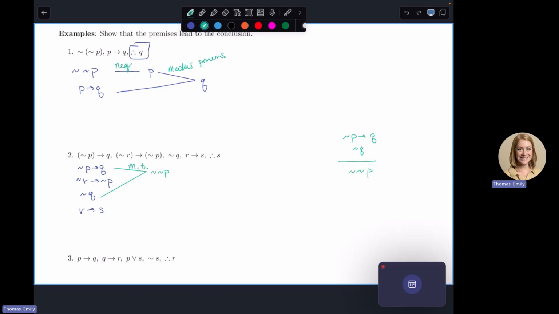And then P goes with not P from not R. If not R, then not P. So it becomes P. We're going to use it with the other thing and do modus tollens again, right?